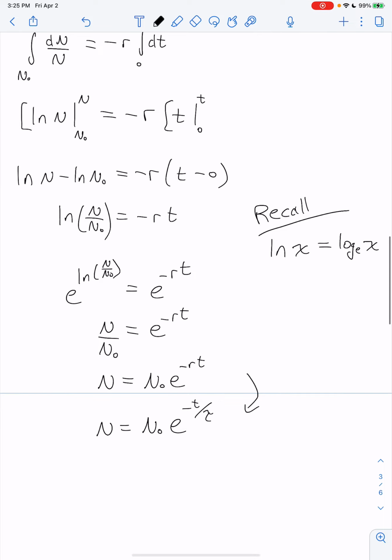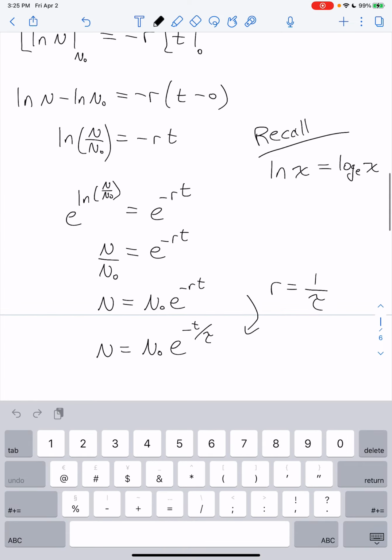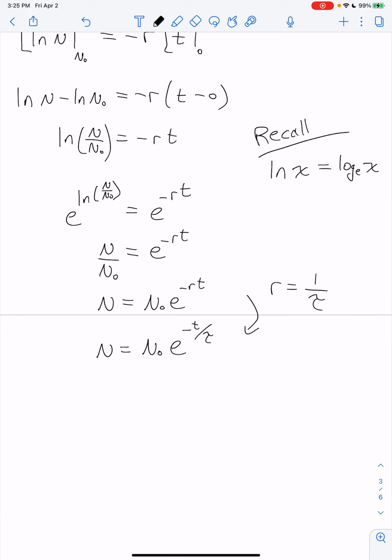And going from there to there, we recall that r is equal to 1 over tau, and that tau is the lifetime, although it takes on a somewhat different meaning in the context of a larger population, and we'll see that in a moment.